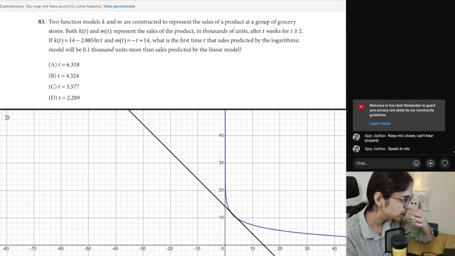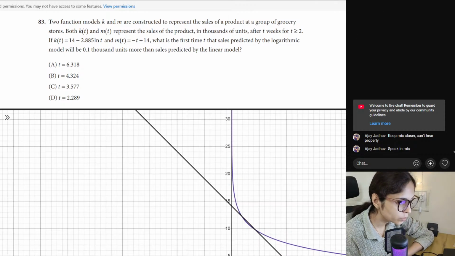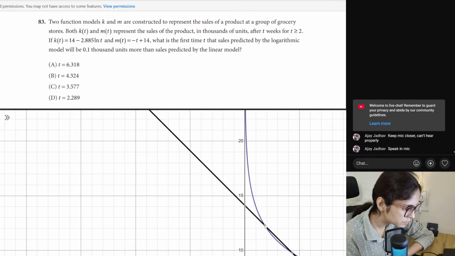I've made two different graphs, and now we'll see what is the point of intersection. So this is the first time that they are intersecting with each other.